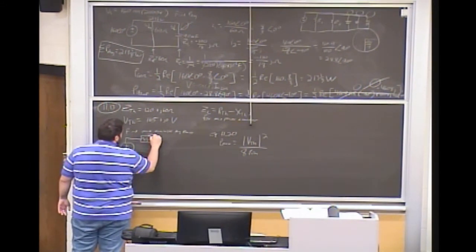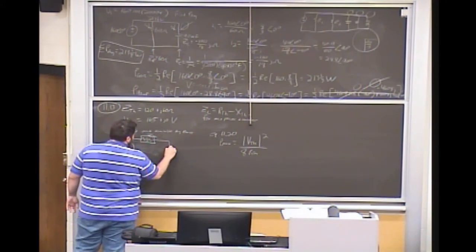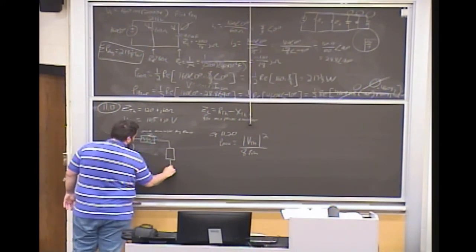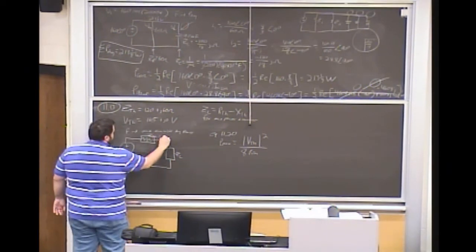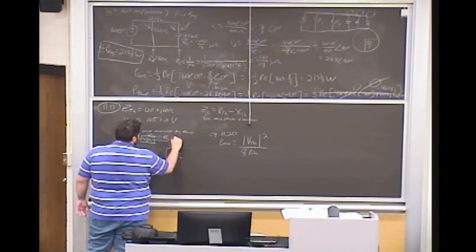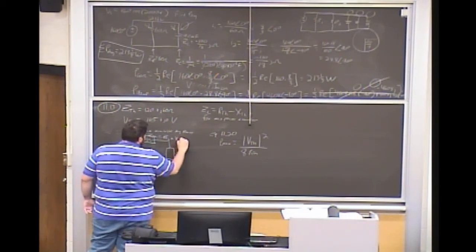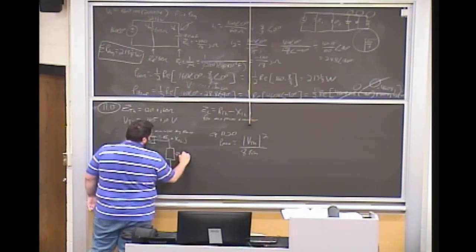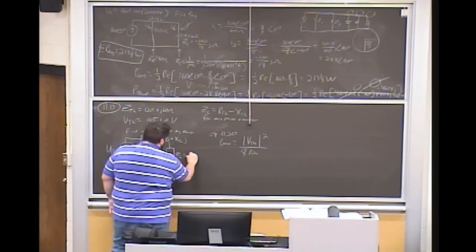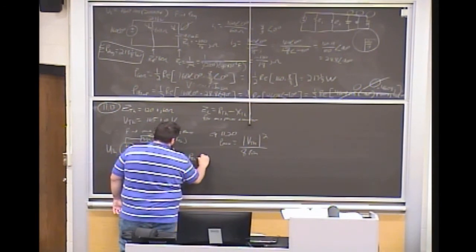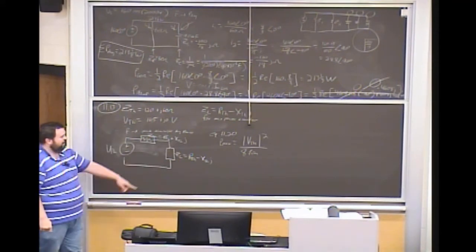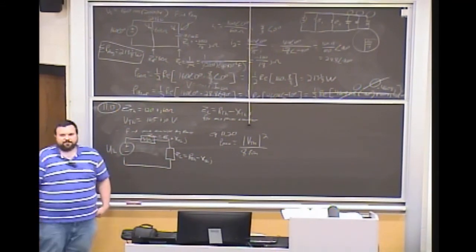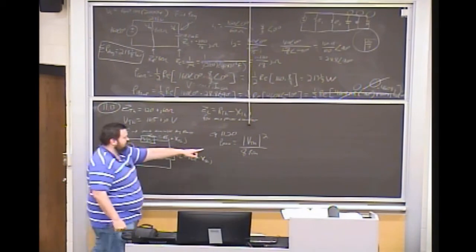So this is your ZTH, and here is your ZL. ZTH is RTH plus XTH j, and for max power, ZL should be RTH minus XTH j. If you set it that way, the maximum power that you will dissipate works out to be just this.